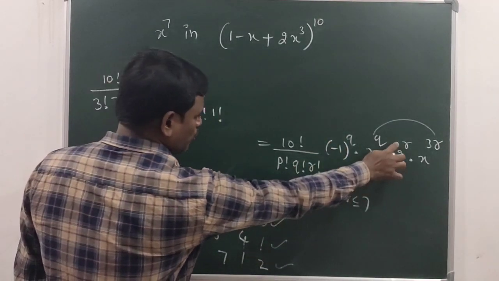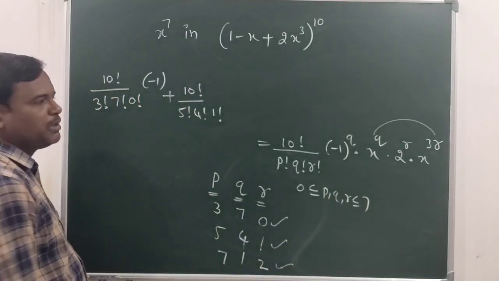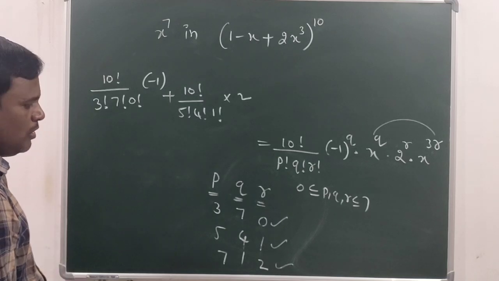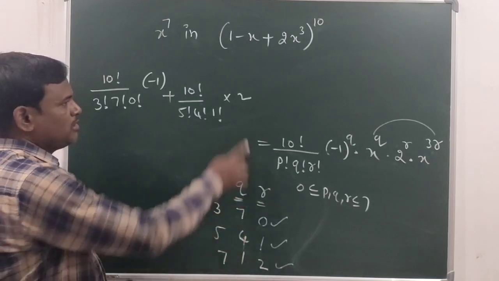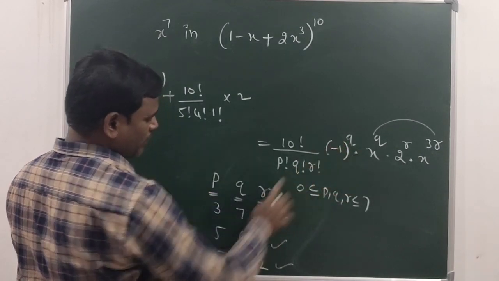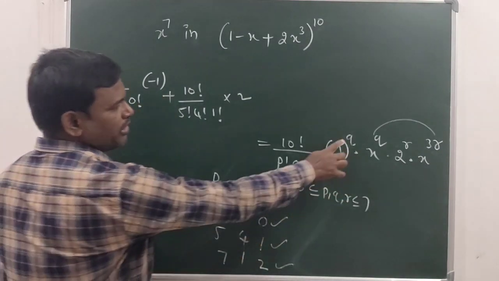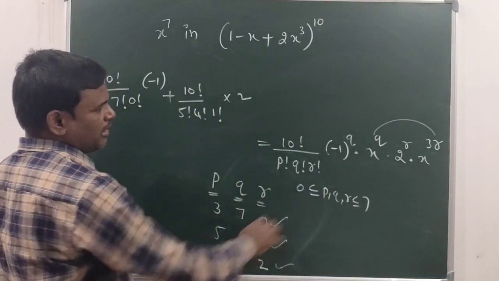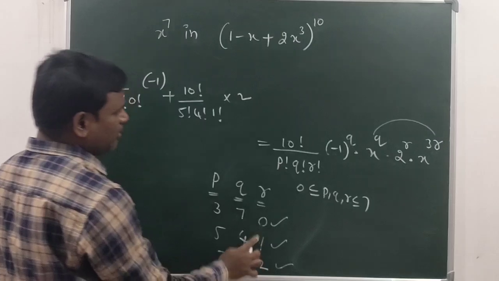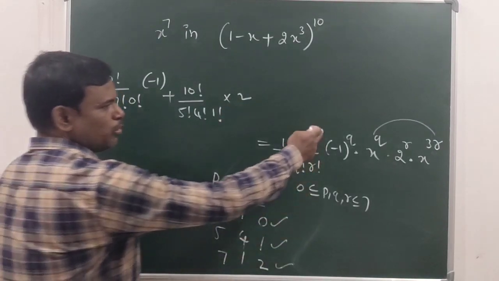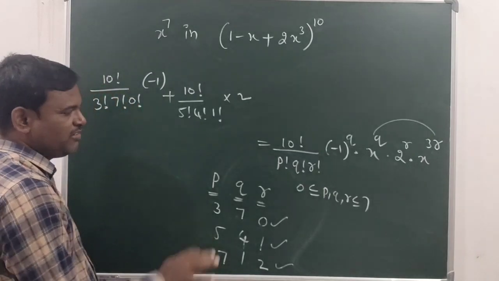And what about 2 power R? 2 power R becomes 2 here. Okay students, so the second one also you have got. So here Q value 4, I wrote 4 here which becomes positive, 1 no need to write, and here 2 power R value 1, 2 power 1 becomes 2. So there is no P to substitute there, so leave it.